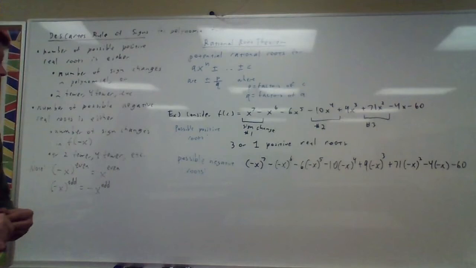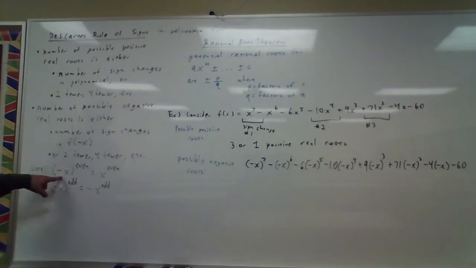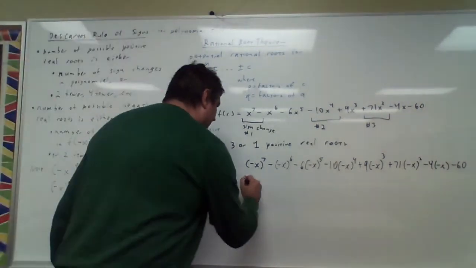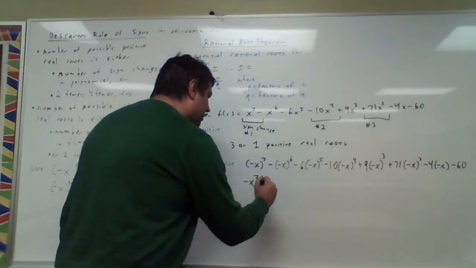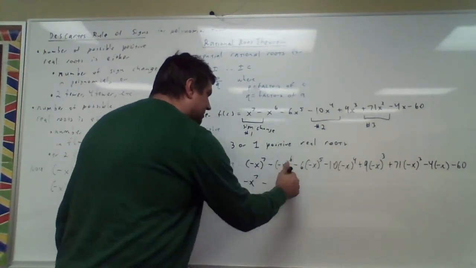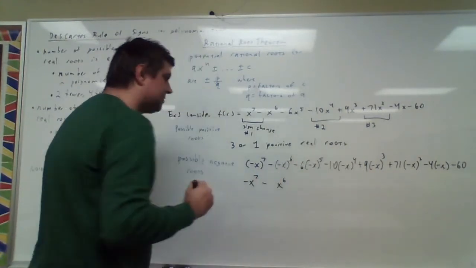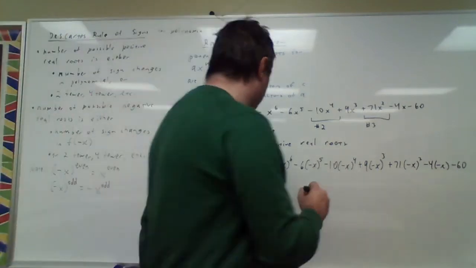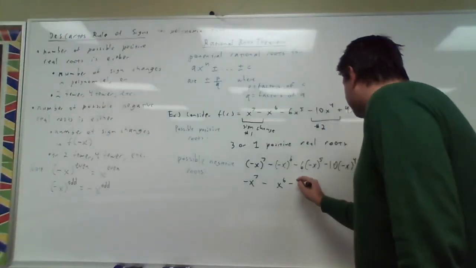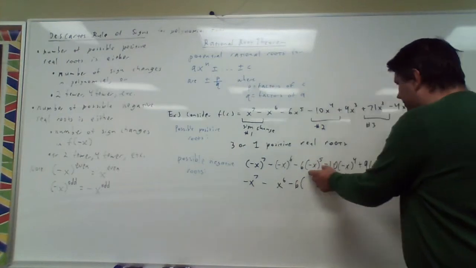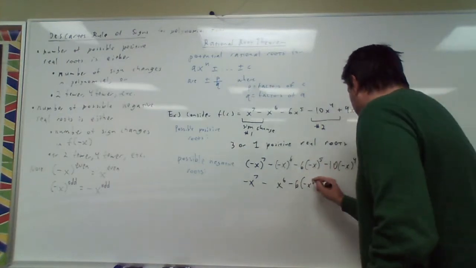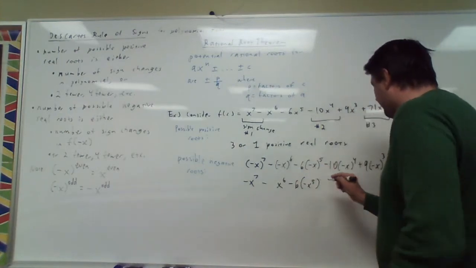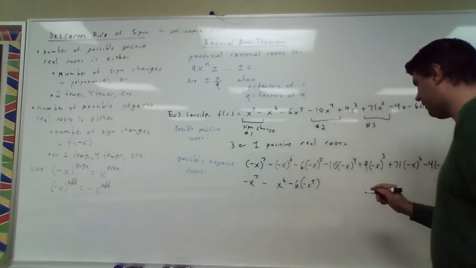All right, so negative x to an odd power gives you negative x to the odd power, so this is going to be negative x to the 7th minus, that's going to be positive x to the 6th, minus 6 times negative x to the 5th is going to be negative x to the 5th. Okay, negative x quantity to the 5th is negative x to the 5th.